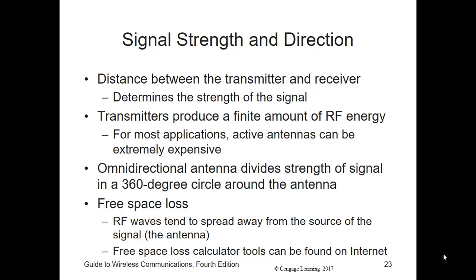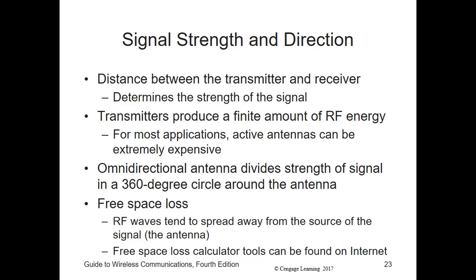Now, if you remember that most antennas are of the passive type and that the transmitters can only produce finite amounts of RF energy, for most applications, active antennas can be extremely expensive, and frequency licensing restrictions limit the amount of power with which the signal can then be transmitted. So what is going to be our best solution?